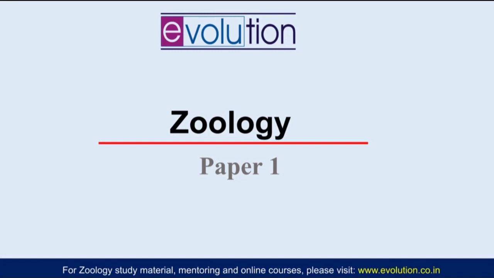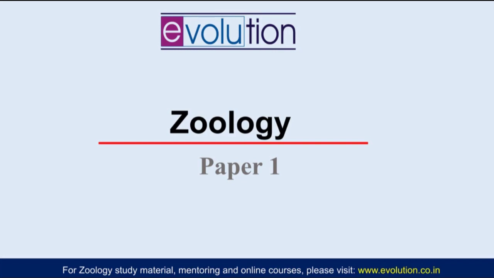Paper 1 of Zoology Optional can really be a deal breaker for many students, particularly those from a non-zoology background, as this part includes the diversity of the animal world, which is non-chordata, chordata and comparative anatomy of vertebrates. Other topics are animal behavior, economic zoology, statistics and instrumentation methods and ecology. So there is a really diverse syllabus for paper 1.